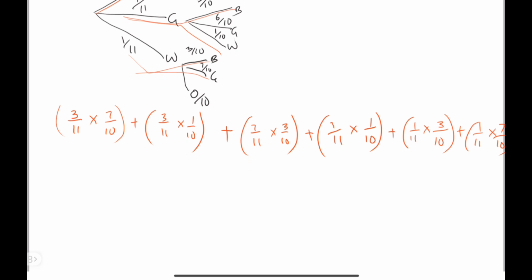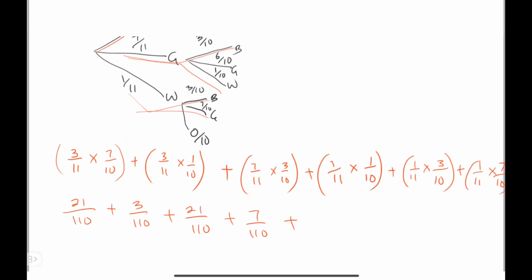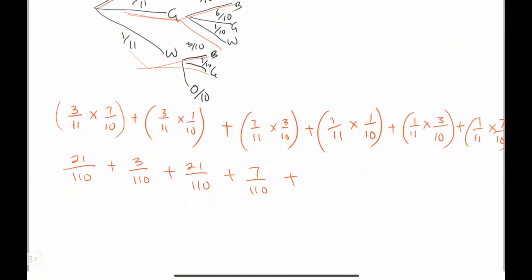So now we add up all the probabilities. So this will be 21 over 110 plus 3 over 110 plus 21 over 110 plus 7 over 110 plus 3 over 110 again plus 7 over 110.